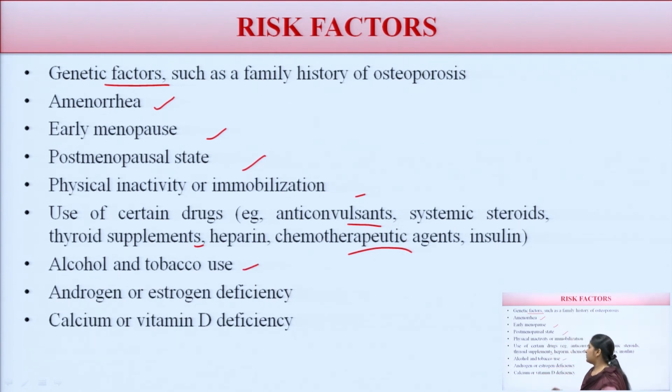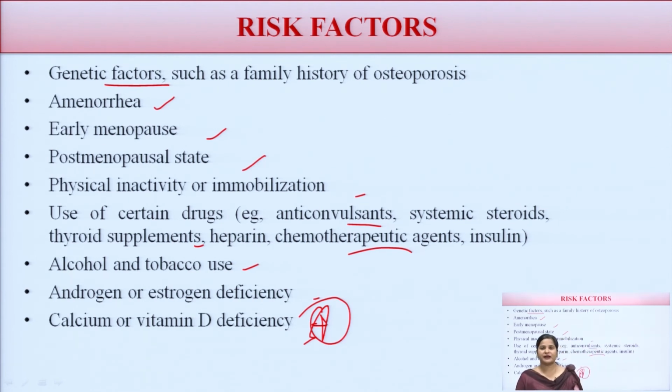Now, alcohol and tobacco use may cause osteoporosis, as can androgen and estrogen deficiency, and calcium or vitamin D deficiency is the most important, because of this calcium and vitamin D deficiency, the bones will not be able to reform again after an injury, right.